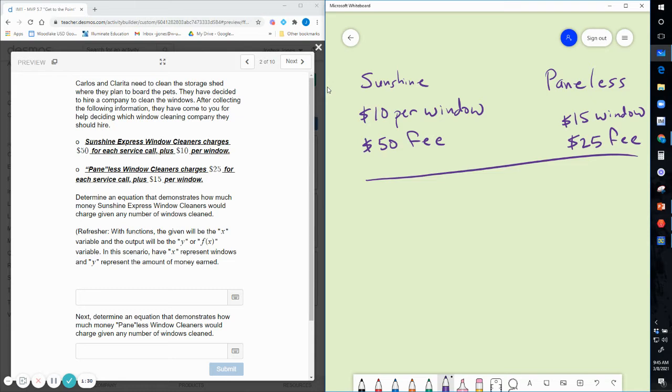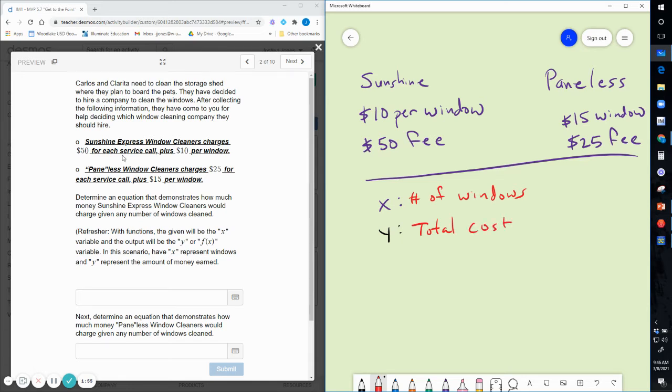Okay, so here's your information. It also tells you that X represents the number of windows, and Y represents the total money earned, or total cost.